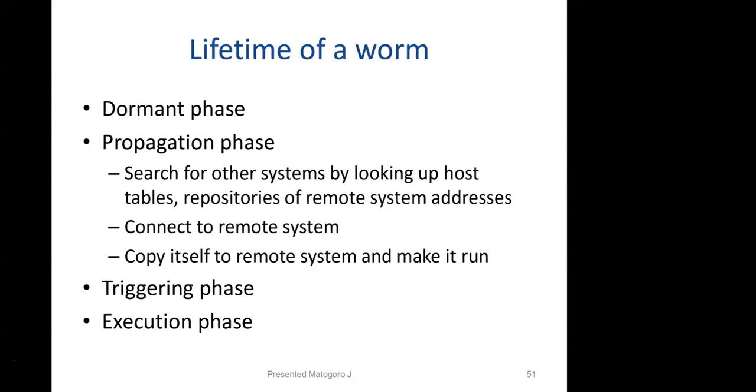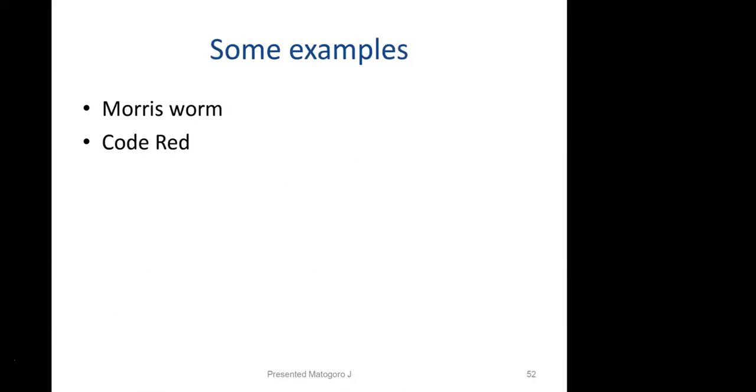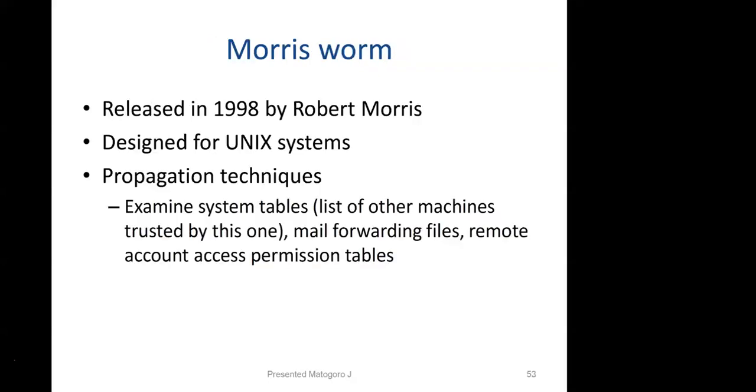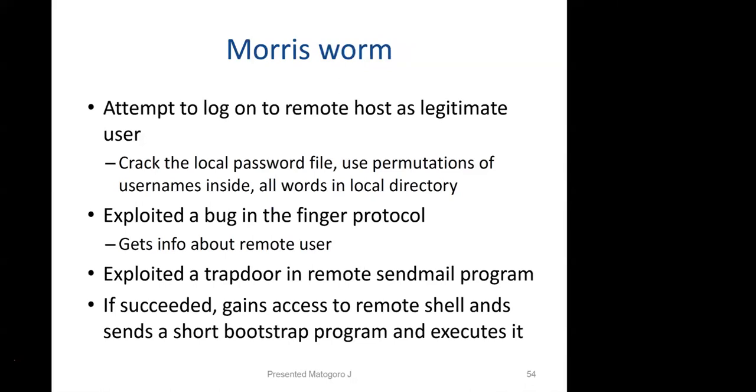The lifetime of worms, like what we have seen with the virus, can be a dormant phase, propagation phase, triggering phase, and execution phase. Some examples of malicious worms are Code Red, but I have seen some of you guys sharing the list of updated examples of the top 10 worms. Okay, good.